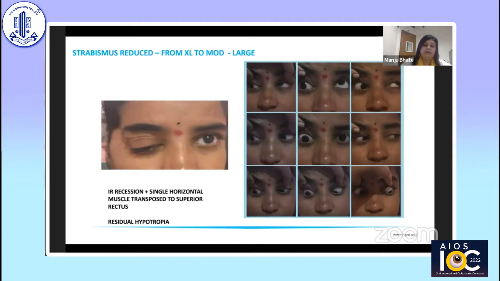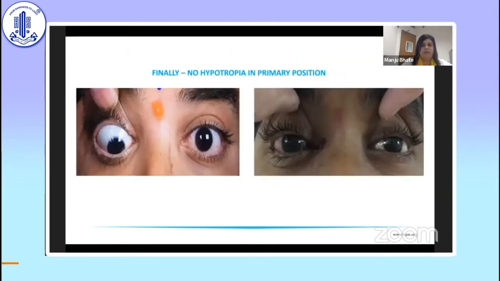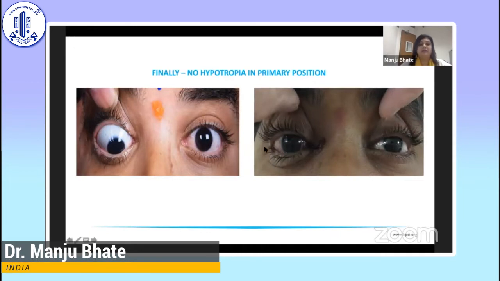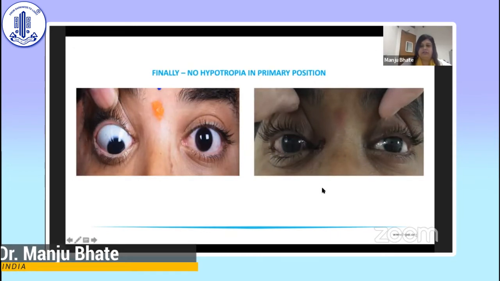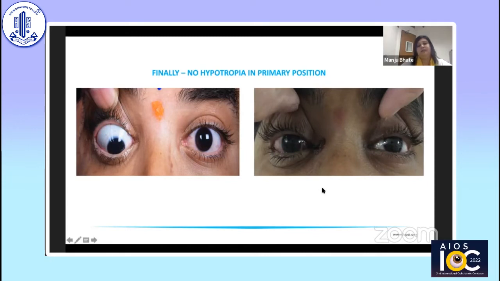She initially had an inferior rectus recession with a single horizontal muscle, the lateral rectus, transposed to the superior rectus. Her hypertropia, the strabismus, did reduce from an extra large size to a moderate to large degree. We can still see residual hypertropia here. And then she had another surgery to transpose the other horizontal muscle. And as we can see over here, she is fairly cosmetic, though she had really poor vision in the right eye following the trauma to the optic nerve.